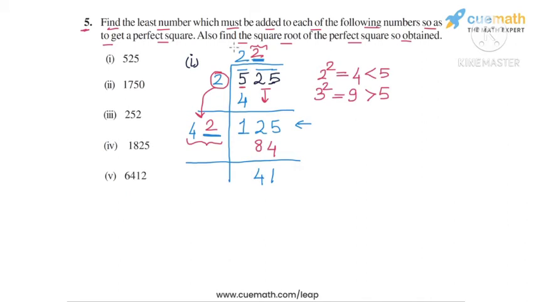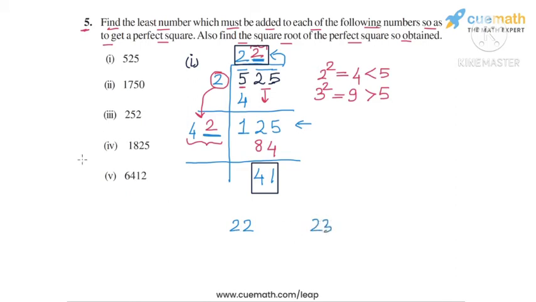So we have obtained a quotient of 22 and a remainder of 41. This means that the largest number whose square is less than 525 is this quotient 22, and hence the smallest number whose square is greater than 525 is 23.